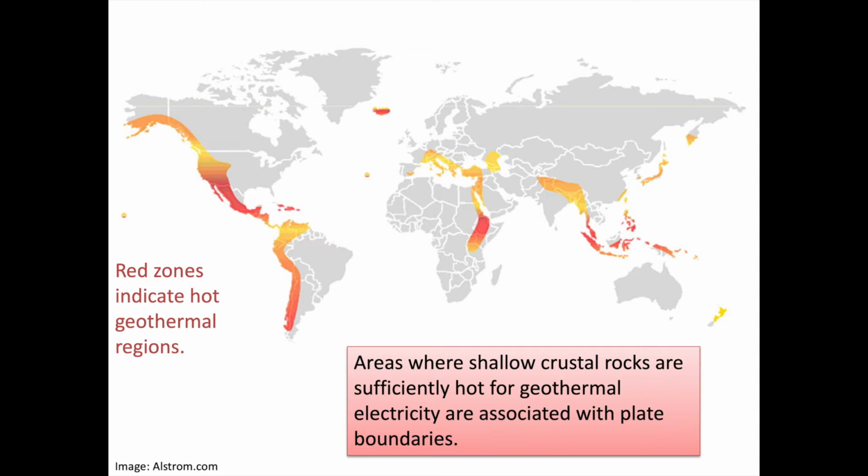Higher rates of heat loss generally occur in areas of tectonic and volcanic activity, or where the crust is relatively thin. Superheated fluids, greater than 180 degrees Celsius, are only found near volcanic regions. This map also gives some indication of the places where geothermal energy has been developed.